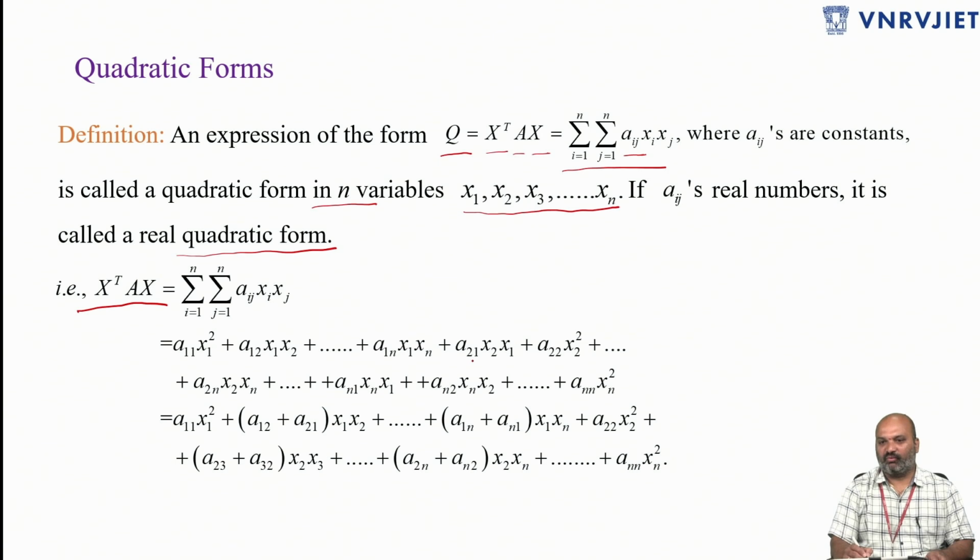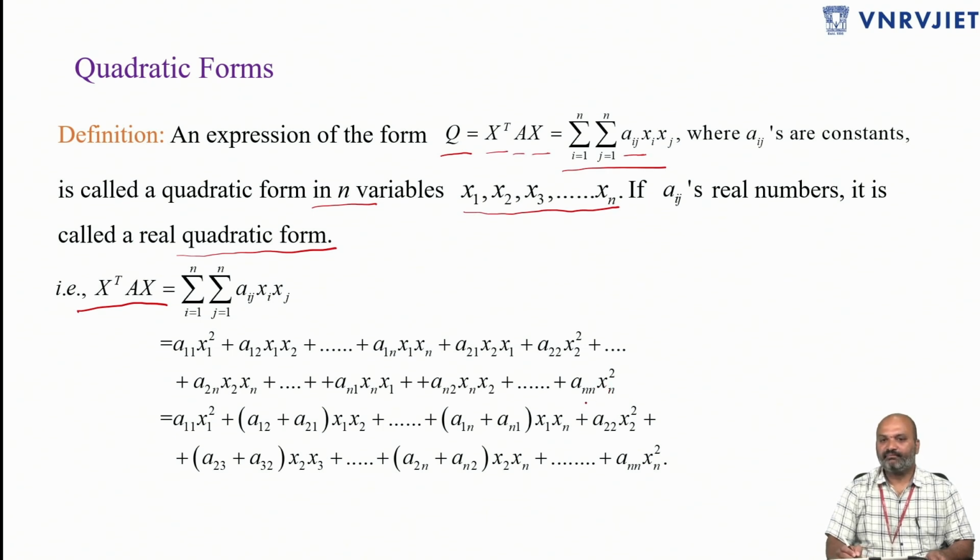Similarly, for i equals 2, a21 x2 x1, a22 x2 square, and so on. For i equals n, an1 xn x1, plus an2 xn x2, plus so on, ann xn square.